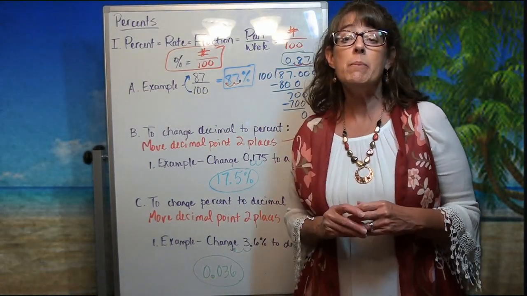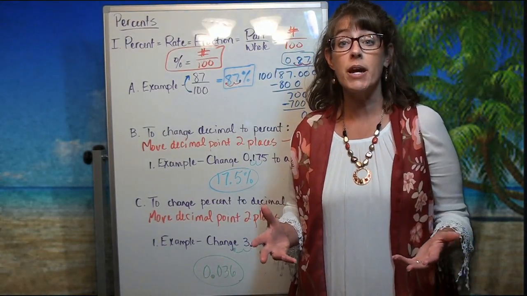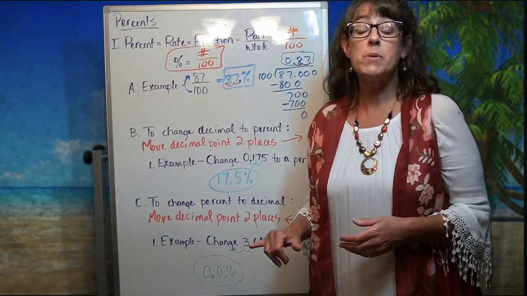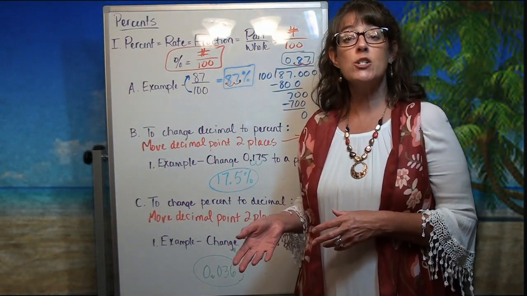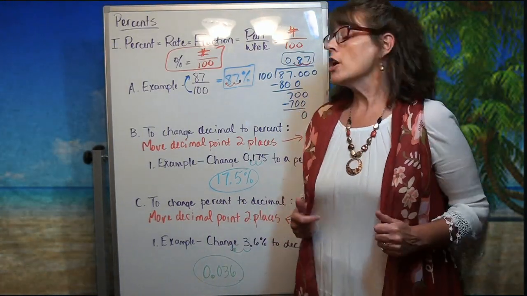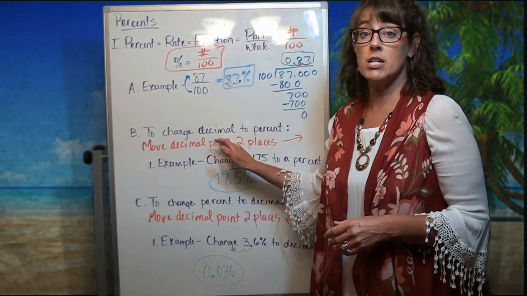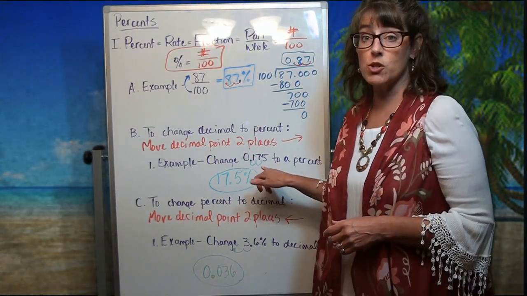Now, a lot of people say there are entirely too many rules in math and they can't keep them all straight. But notice those similarities that we have here. That helps because, quite frankly, you only need to know one of these rules. Because you know that to do the opposite, you're going to reverse it. So perhaps you're one who says, I'm just going to memorize what it takes to change a decimal to a percent. That when I go from this to this, I'm going to kick it 2 places to the right.